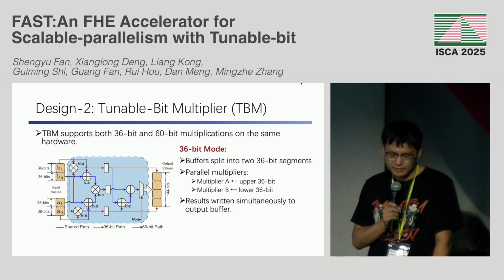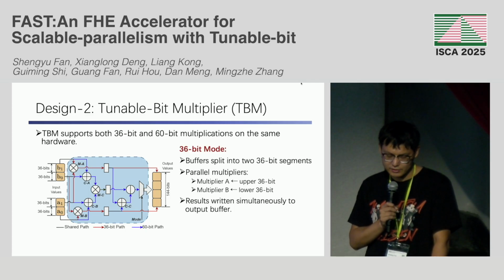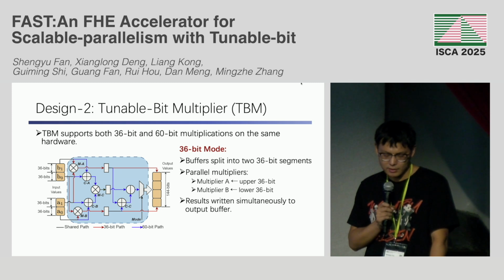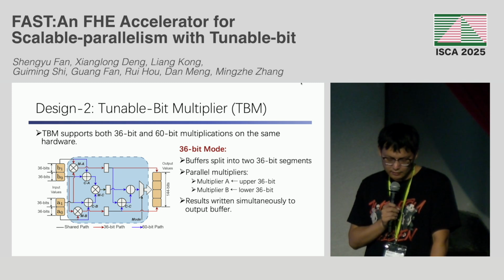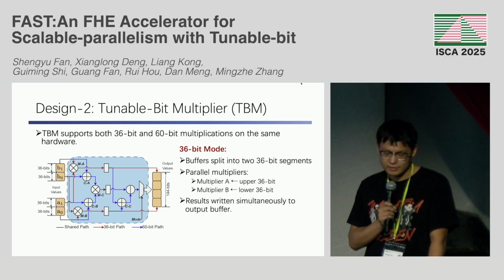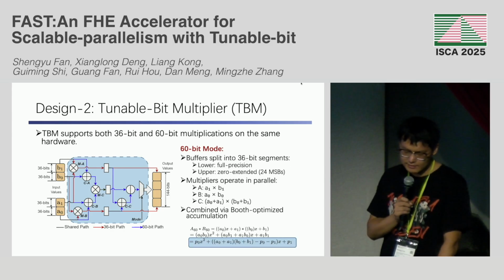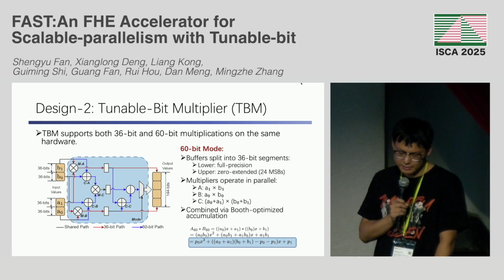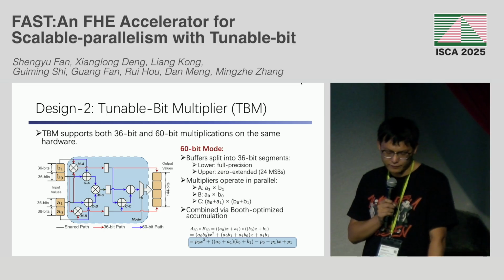In 36-bit mode, we divide each input into sub-blocks, a higher part and a lower part. They are processed in parallel by two multipliers, doubling the throughput for 36-bit operations. In 60-bit mode, we also split the input into two parts, the lower 36 bits and the upper 24 bits.